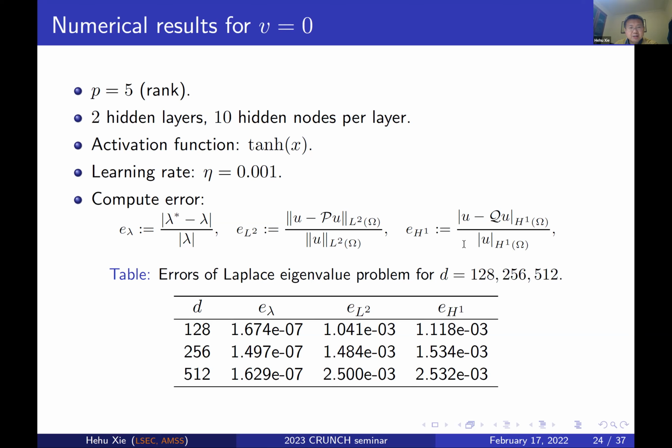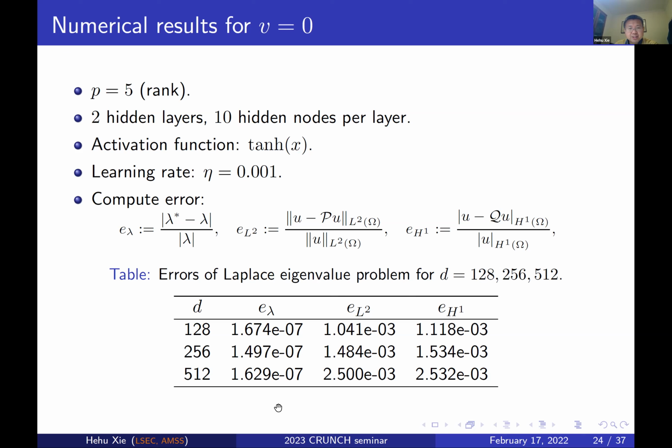Please note that the error for the eigenvalue is easy to compute, but to compute the errors for the eigenfunction approximation, for example the L2 norm and H1 norm, we can do it with high accuracy because the exact eigenfunction and our TNN functions can be integrated in high dimensions. So we would like to say these two errors are true errors, because we don't use the Monte Carlo method to compute the errors.